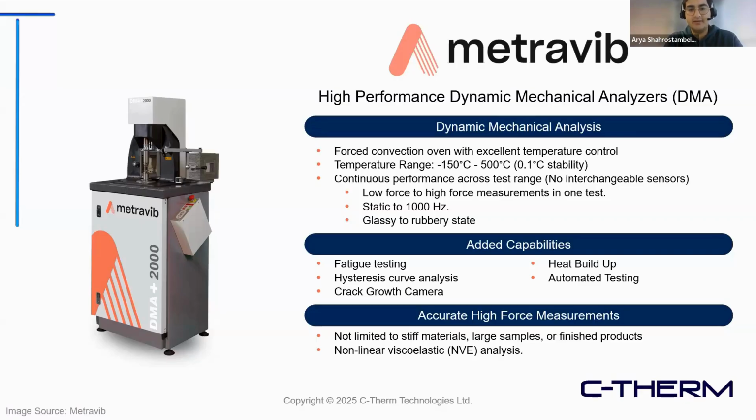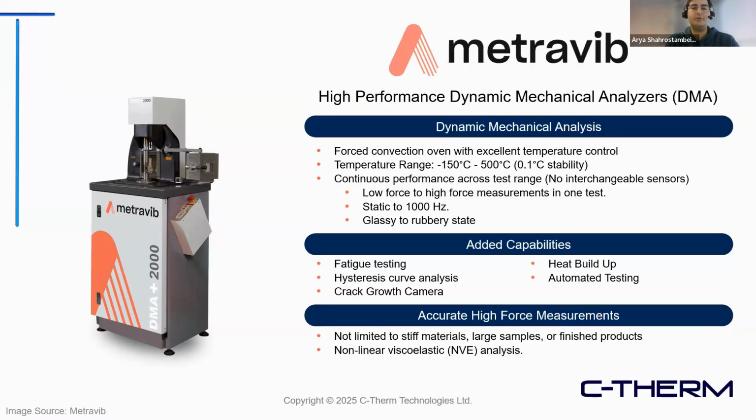Crack growth testing that follows standard ISO 27727, which is another unique capability that Metravib instrument provides. Heat build-up, which is also type of fatigue testing, very important for tire industries, and automation of the dynamic mechanical analysis using robotic arm called Expander.